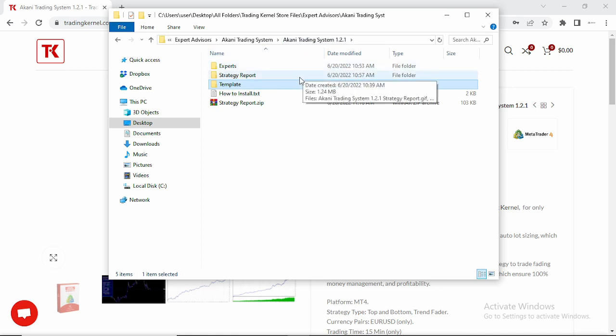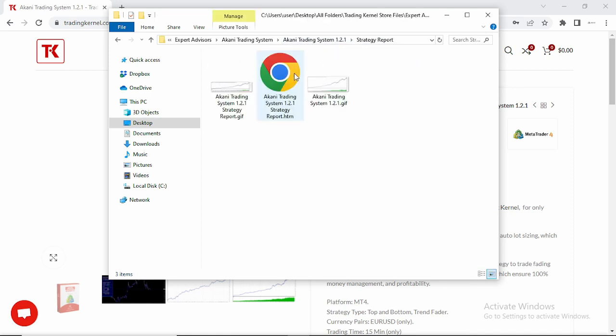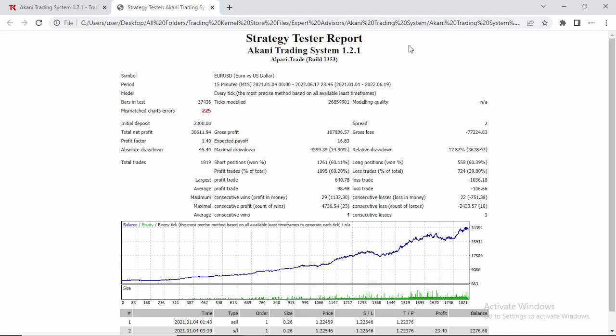Also in this file we have a strategy report, which shows the backtest report of the trading system. If I go over this here on our live report, you can see this is version 1.2.1. As you all know, it was built specifically for the 15-minute time frame for EURUSD.